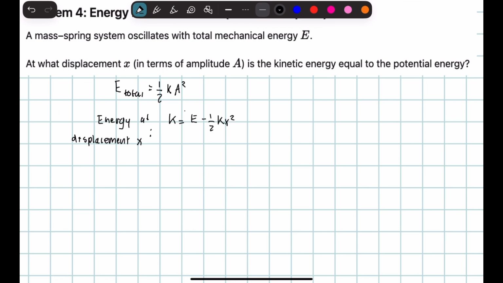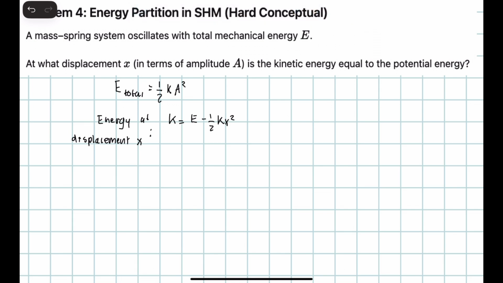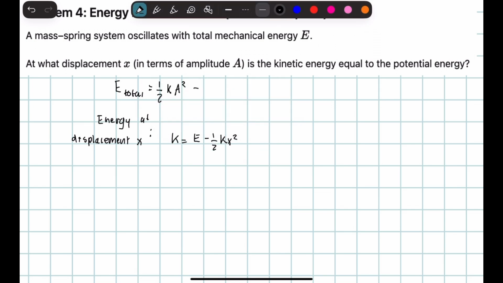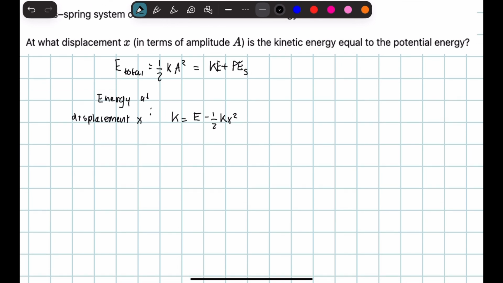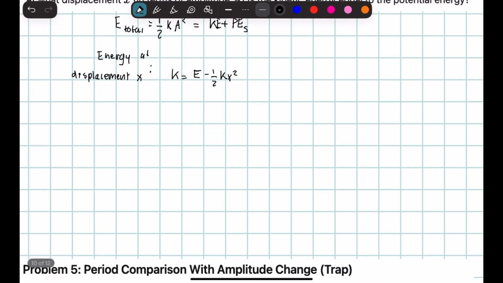That's going to be the kinetic energy, because your energy is kinetic energy plus the potential energy of the spring. So that's just rearranging for that negative 1/2 kx squared.